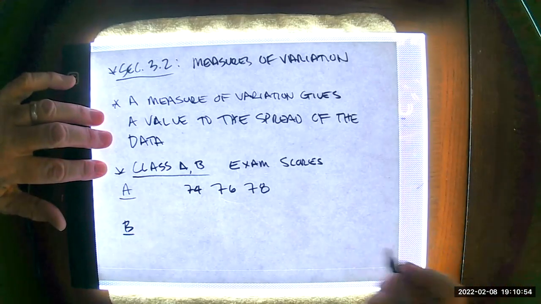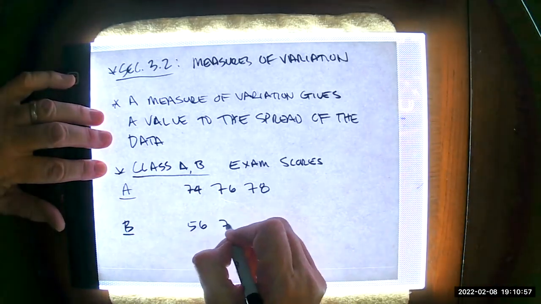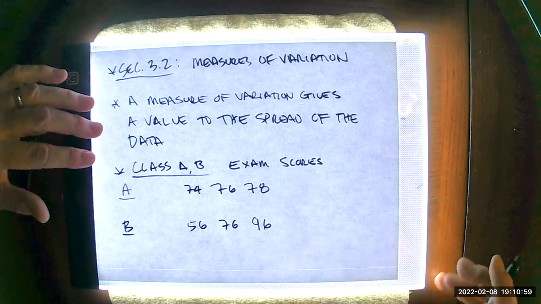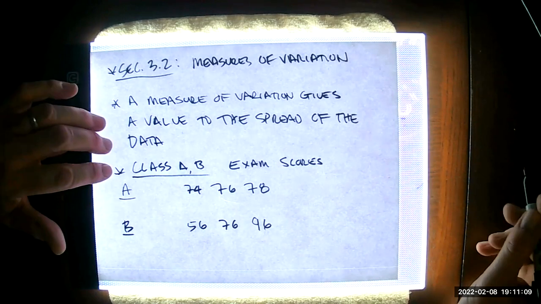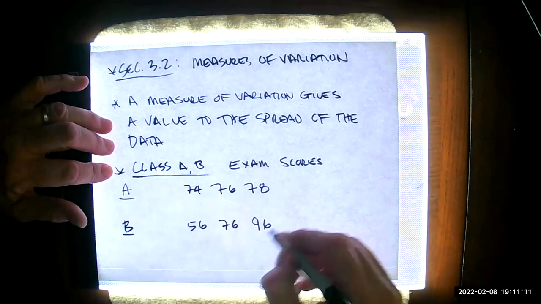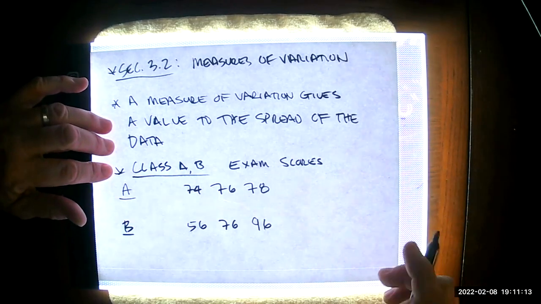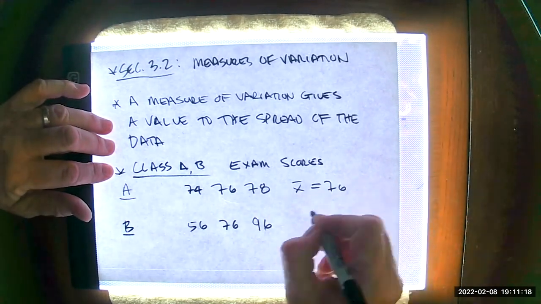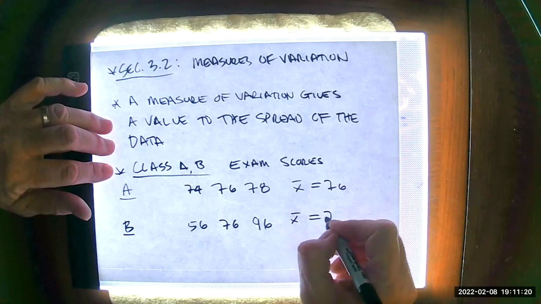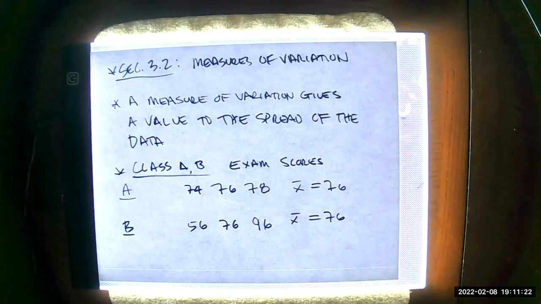Class B has 56, 76, and 96. Three students in that sample also. So the first thing I'm going to note is that if we plug this into our formulas for the mean, I find that I have a mean of 76 in both cases.